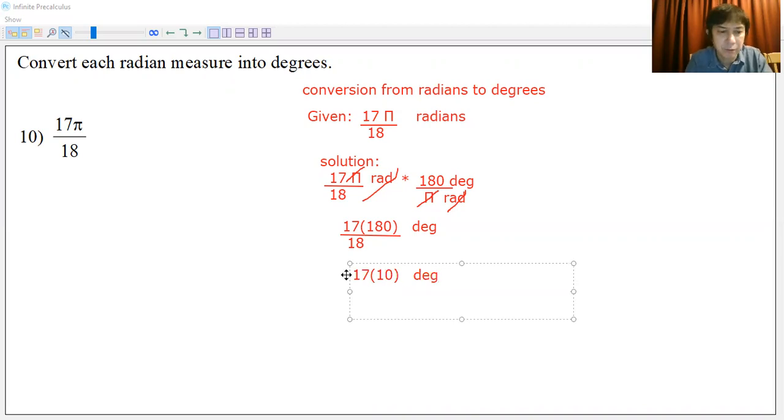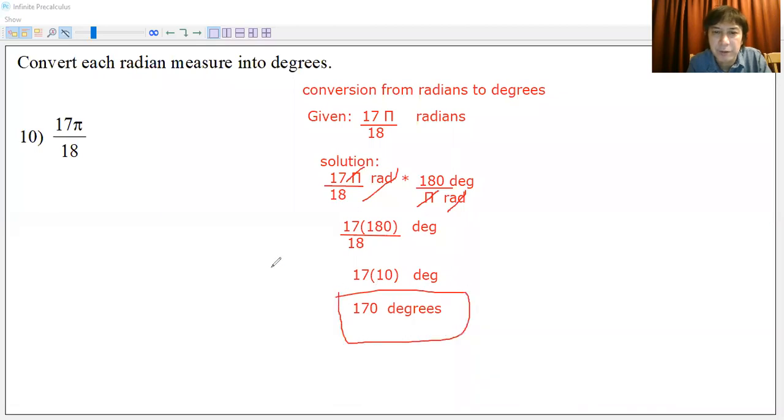And finally, we have 170 degrees. This should be the answer. The final answer is 170 degrees. So you can verify the answer. That goes to our number 10.